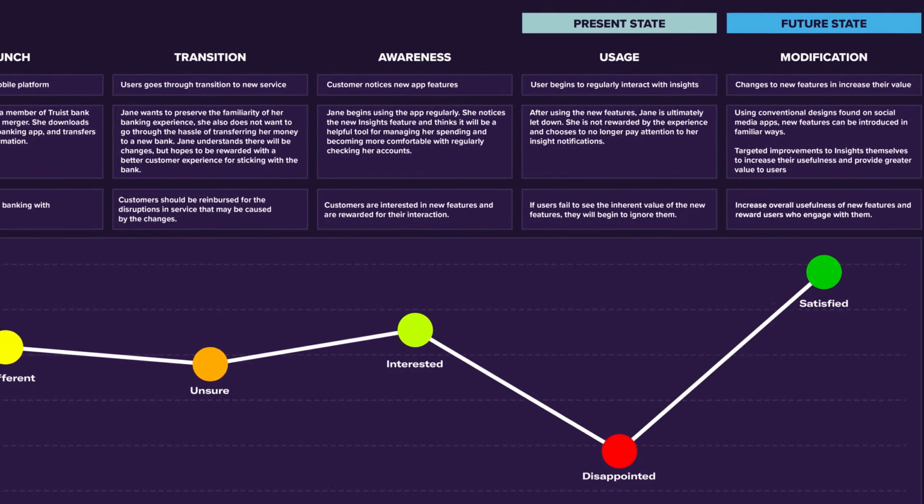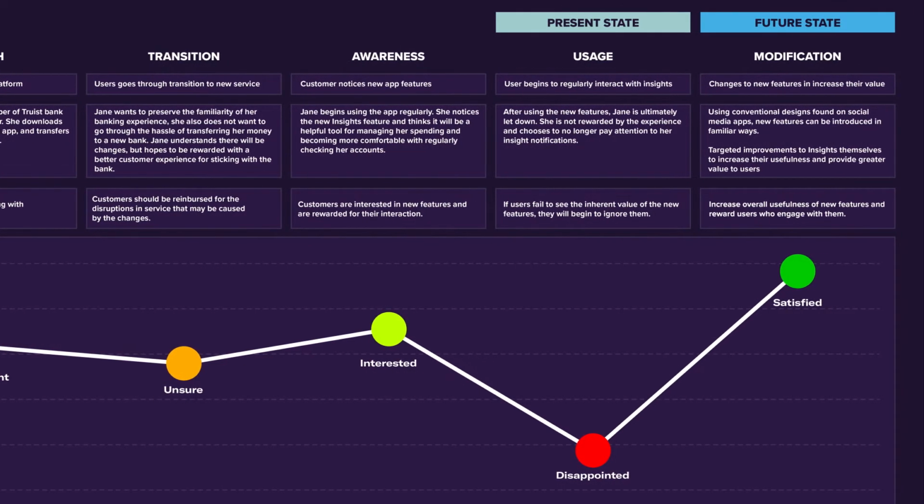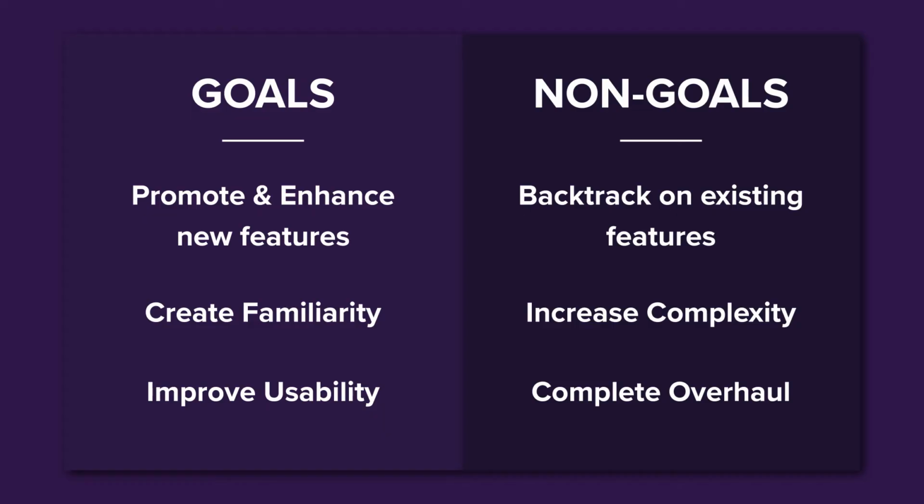Overall, she is disappointed by the new experience and does not feel rewarded, nor does she feel the app is an overall improvement on its predecessor. After creating and analyzing my journey map, I came up with 3 workable solutions. I found myself considering many different ways to explore solutions, so in order to keep my project on track, I created a short list of things I wanted to accomplish, as well as things I wanted to avoid. This list helped me narrow the scope of my proposal and better formulate an idea.